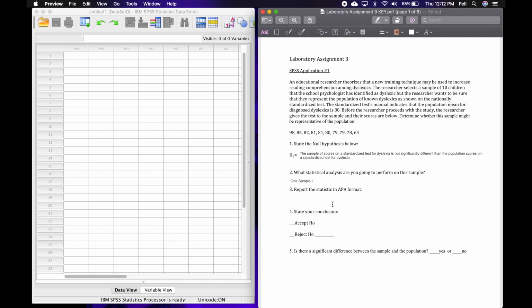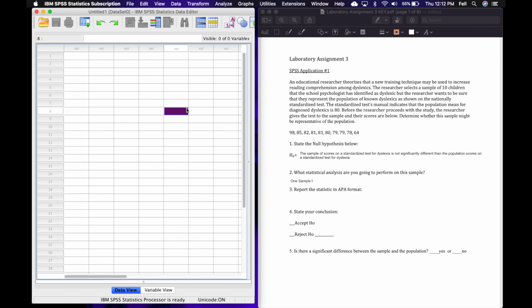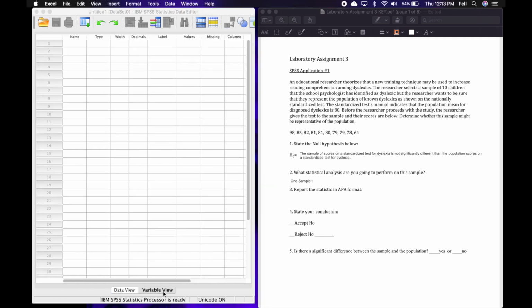Okay, so now I'm going to go ahead and perform the one sample T test on this data. And so the first thing that I'm going to need to do is go to my data editor on SPSS. And then I'm going to click on the variable view tab. And I'm going to go up here to where I can name my variable. And I am just going to write in this cell here, dyslexia scores.